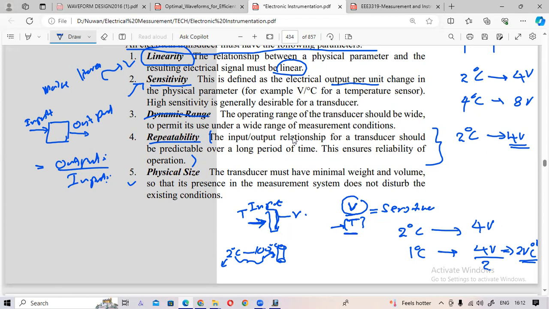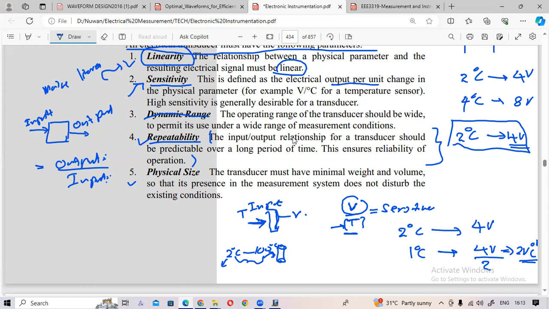That means this relationship, this linearity, should be there. If the linearity is not there, then we can't predict, no? That means the sensor may have a defect.